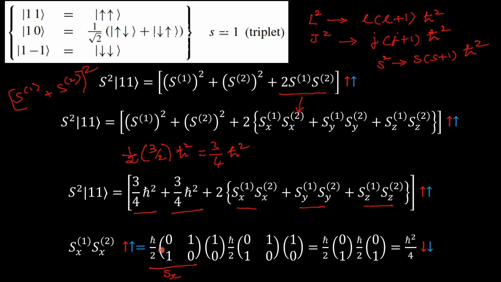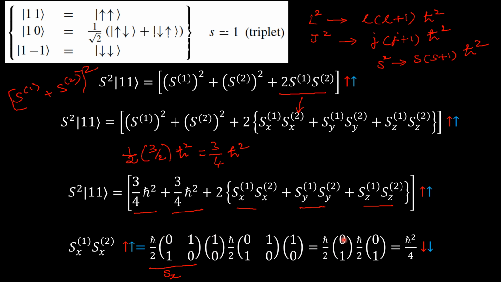We have studied it in the Pauli spin matrices. You have to multiply this by the spin up state, which is represented as the column matrix (1, 0). You know this very well. Similarly for the proton, the Sx matrix is (0, 1; 1, 0) times ħ/2, acting on the spin up state (1, 0). What will happen if you multiply (0, 1; 1, 0), this row and this column? You will get 0.